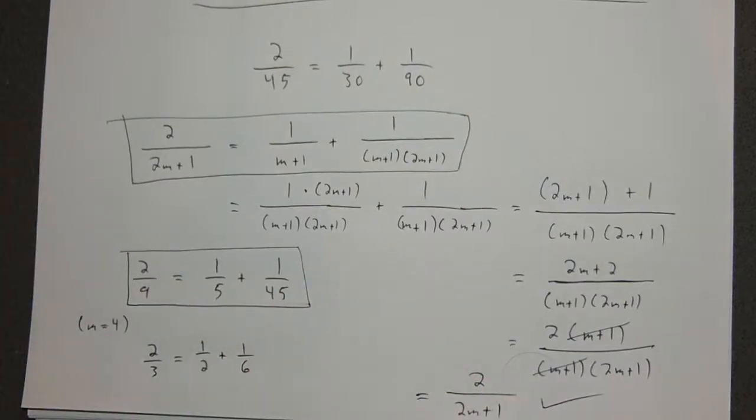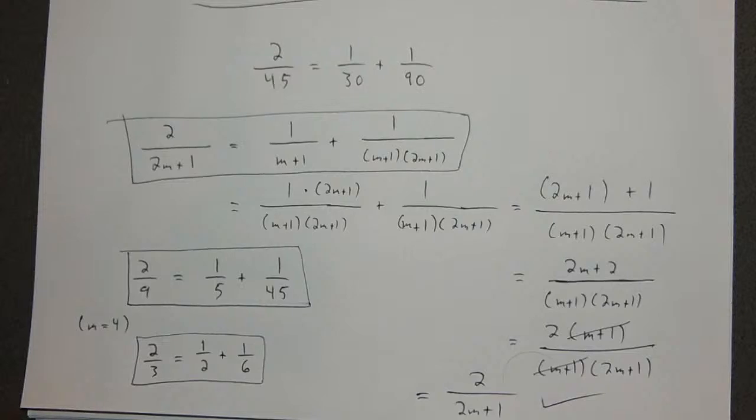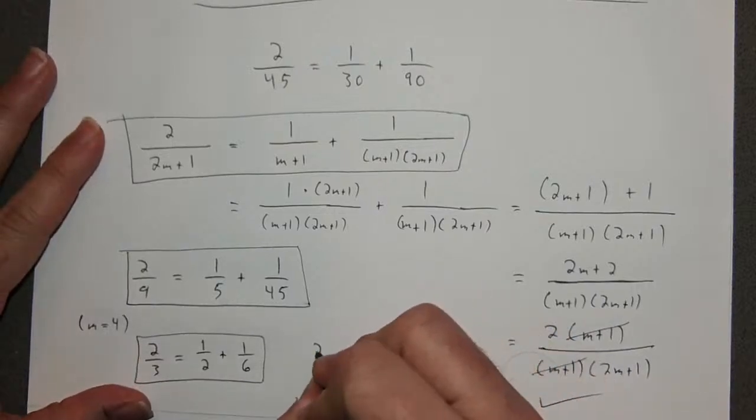Okay. Well, once you know this, there is of course a way of writing 2/9 in a way that's different than this. So once you have 2/3 as, say, 1/2 plus 1/6, how do I come up with another way of writing 2/9?